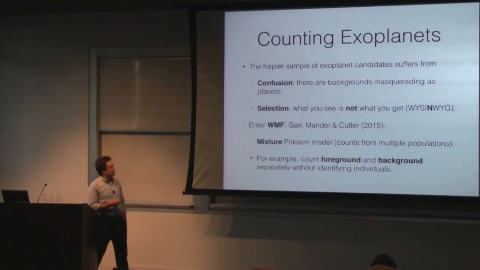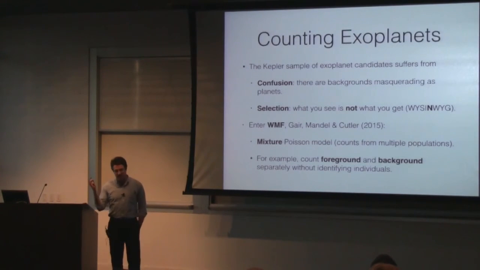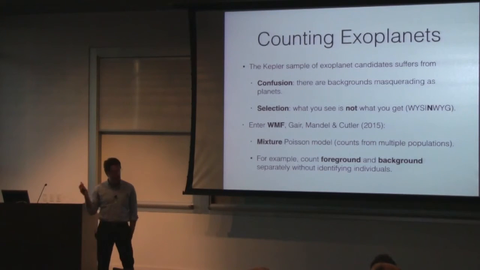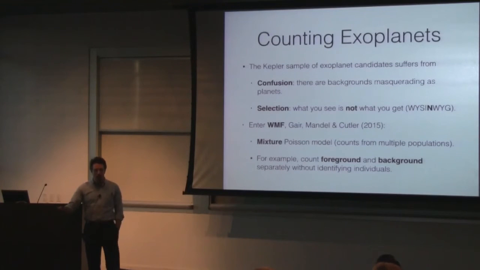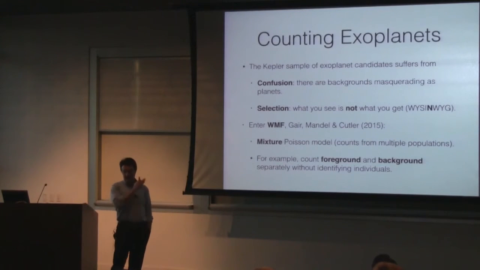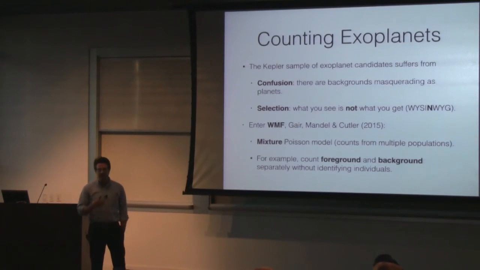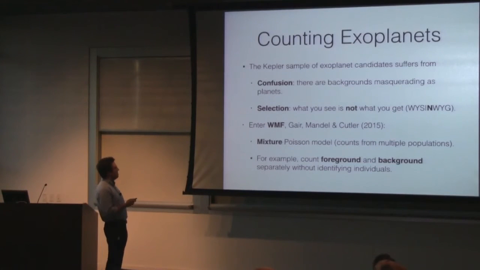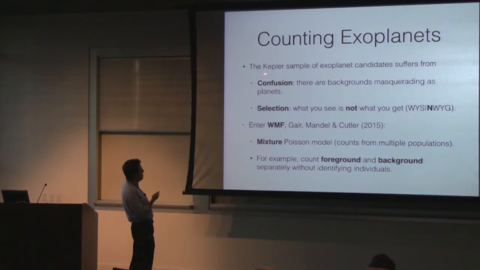The idea here is to use Kepler, a fantastic NASA satellite that's got thousands of planet candidates, to try to infer what the distribution in period, orbital period, and radius size of the planet is. But the Kepler sample, in spite of the fact that it's awesome and it has thousands of planets in it, it suffers from confusion. Okay?